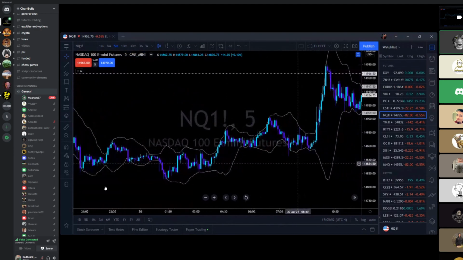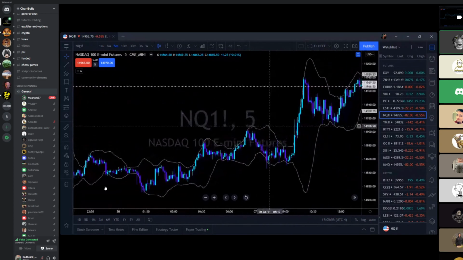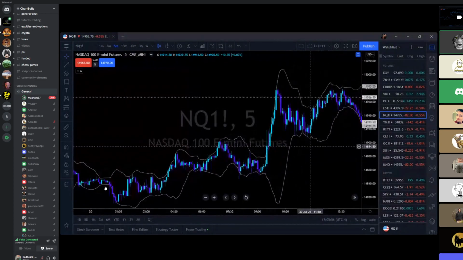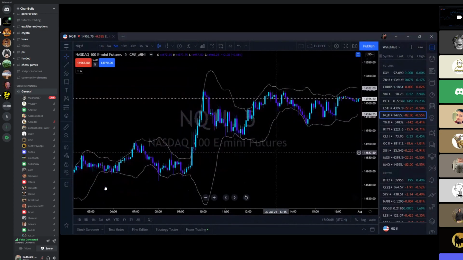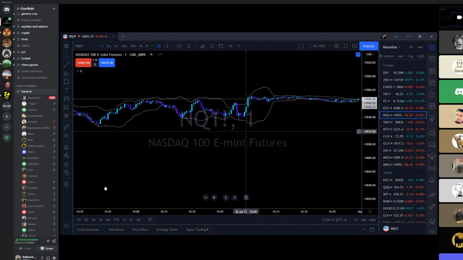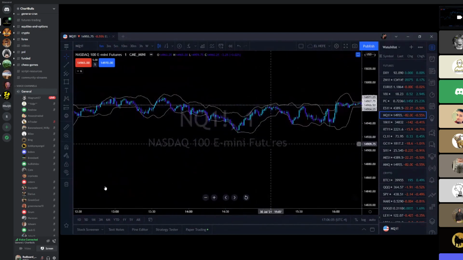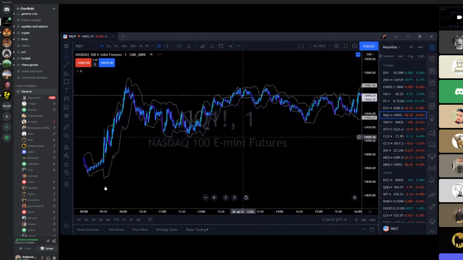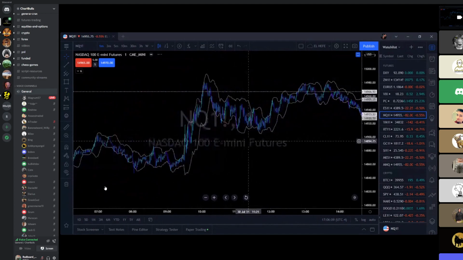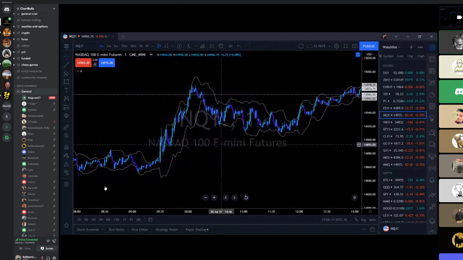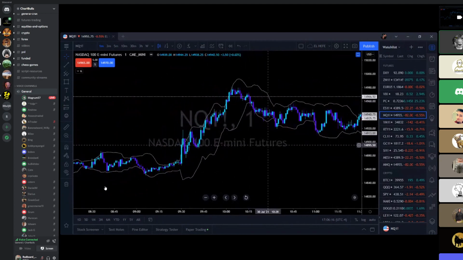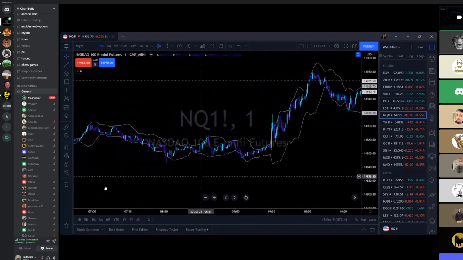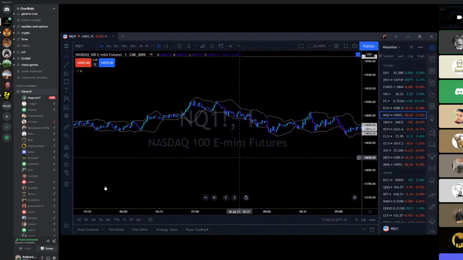It's not actually making higher highs or higher lows off of the bands on the 5-minute chart. Yeah, there wasn't anything on the 5-minute there. We'll see what we can find on the 1 minute, kind of give a few more examples of what I'm talking about here.